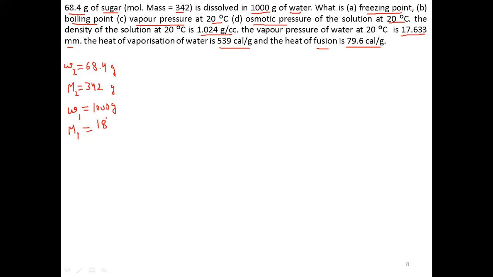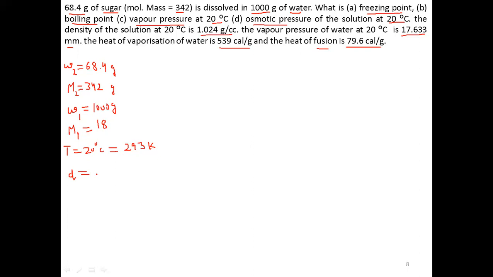Now what else we are given? We are given temperature. Temperature is 20 degrees Celsius. We can convert it into Kelvin. It is 293 Kelvin by simply adding 273. So what else we are given? We are given density of solution at this temperature.